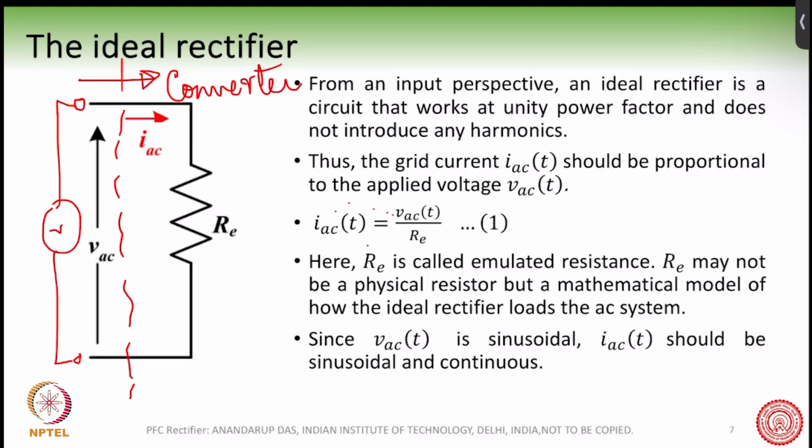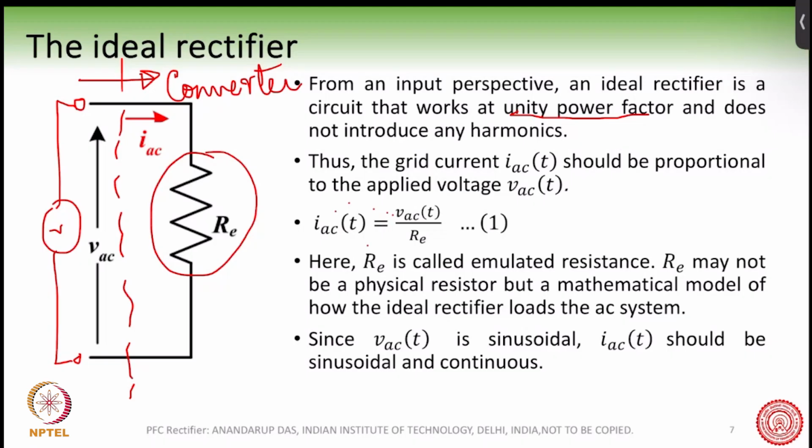Now, seeing from the input of the converter, what do we see? We want to see an ideal rectifier, because we want a unity power factor. So if we want to operate at unity power factor, then this entire converter can be represented by an equivalent resistance, right?